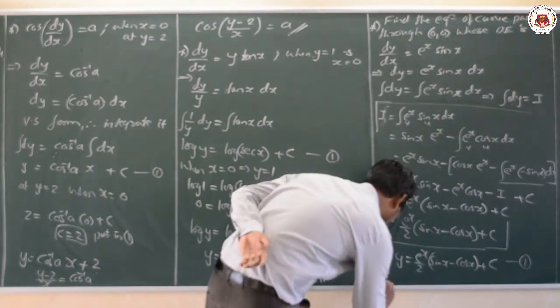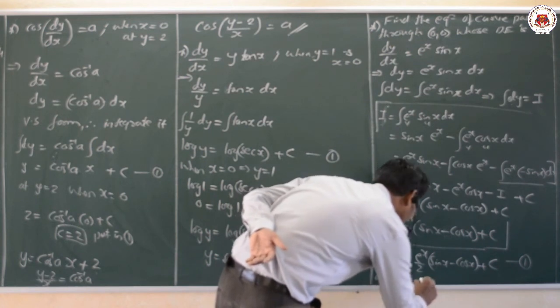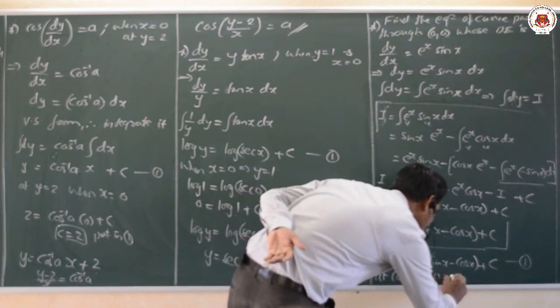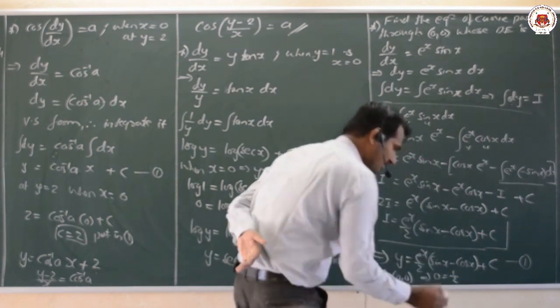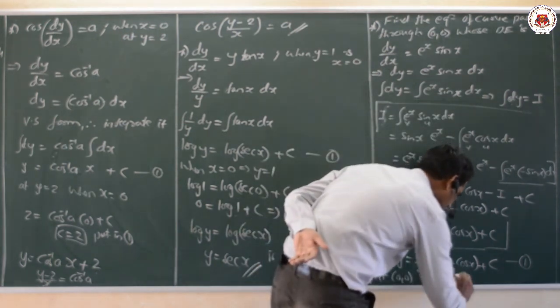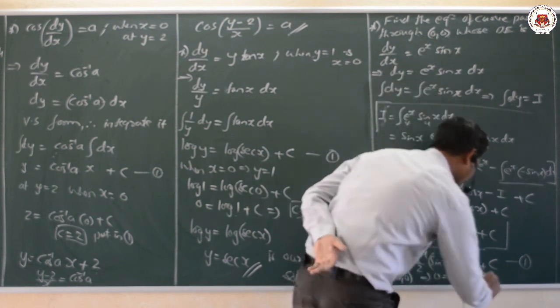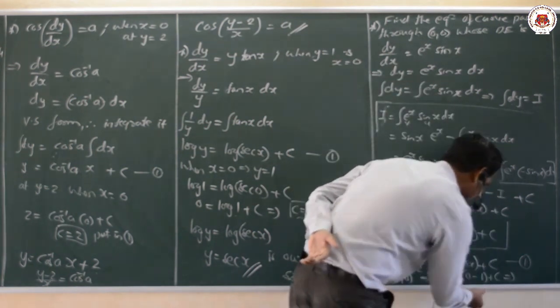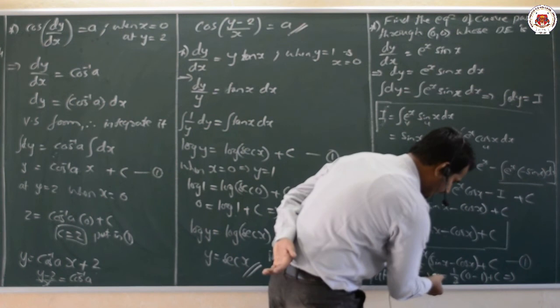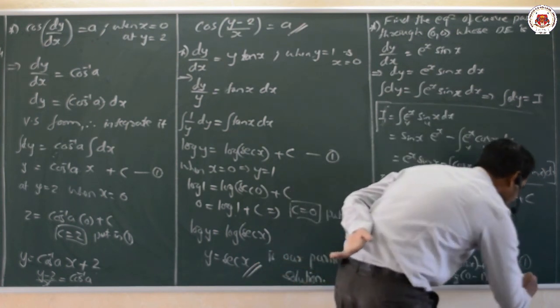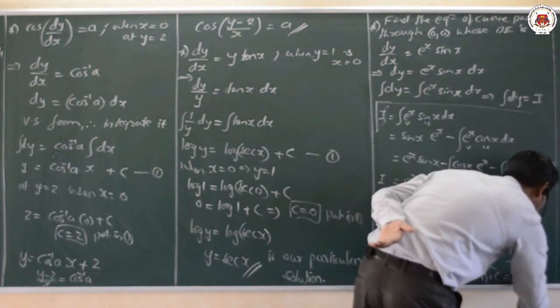So the value will be 0 is equal to 1 by 2, that is e raised to 0 will be 1, into sin 0 which is 0, minus cos 0 which is 1, plus c. That implies minus 1 by 2, if I take it to the LHS side, it becomes 1 by 2. c is equal to 1 by 2.